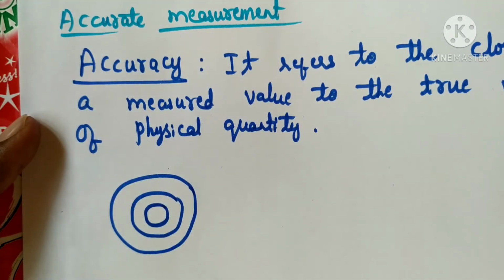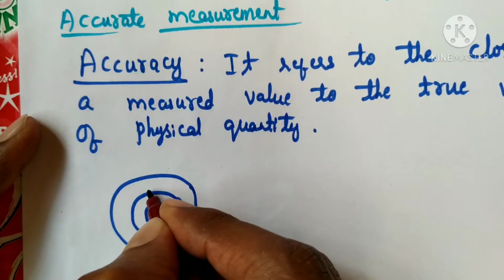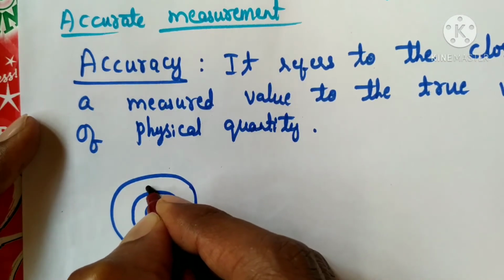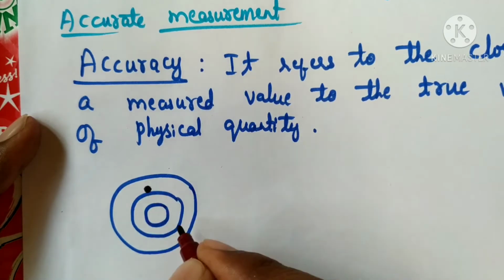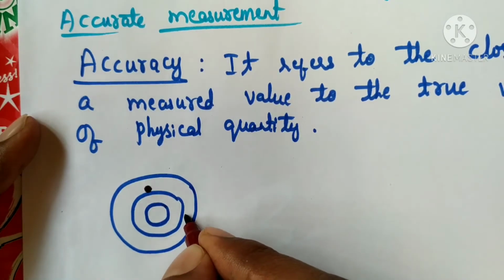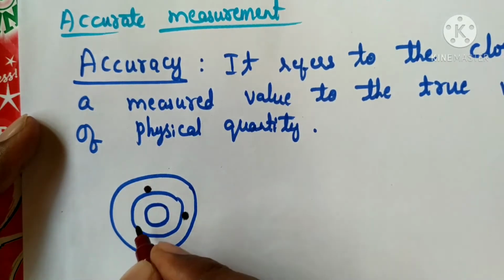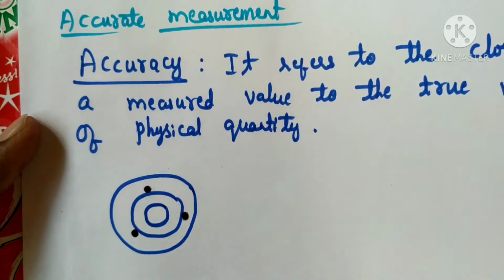So let us imagine the bullets are coming from a gun, and if they reach this place, first bullet is coming and that will reach this point, and the second bullet that will come and that will strike this place, and third bullet that will come and that will settle at here.